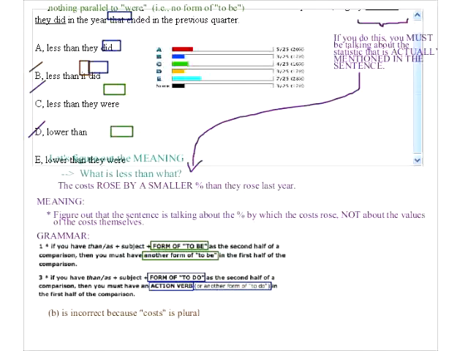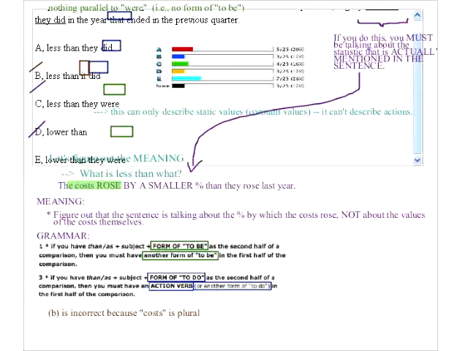And then if you've got lower than, this can't work because this can't describe an action. The meaning is that we're talking about how much the cost rose by. This is a problem because lower can only describe static values, like constant values. It can't describe actions.